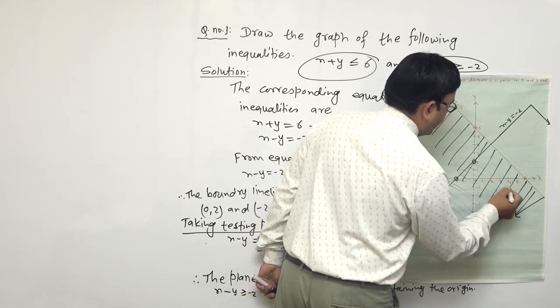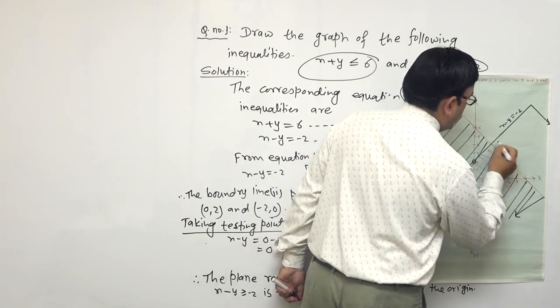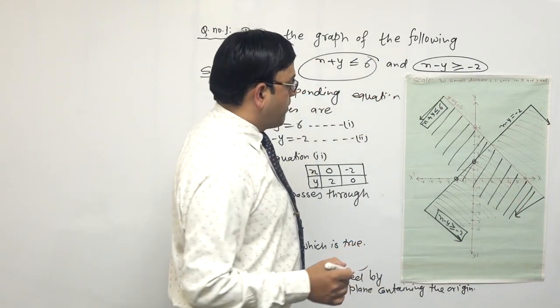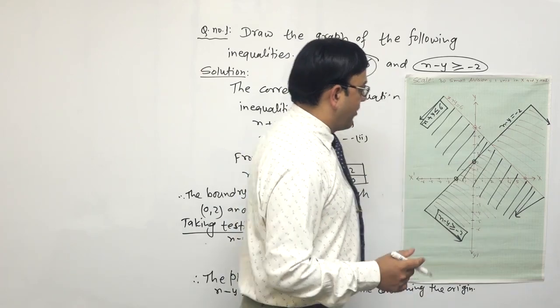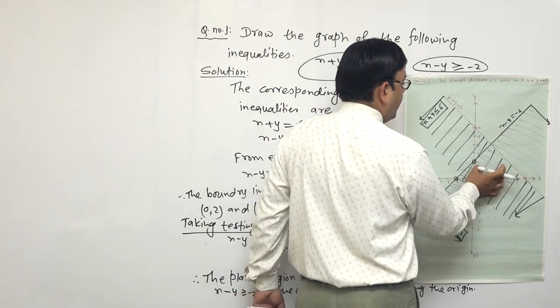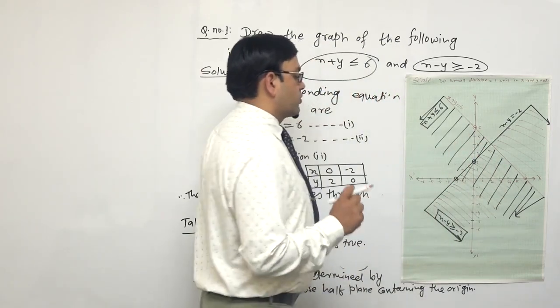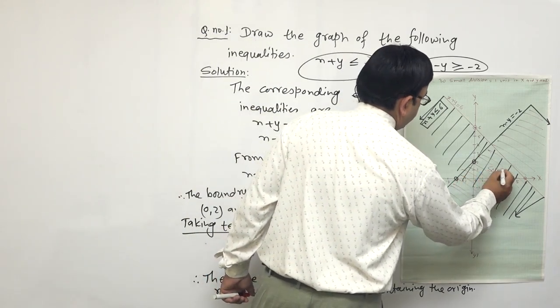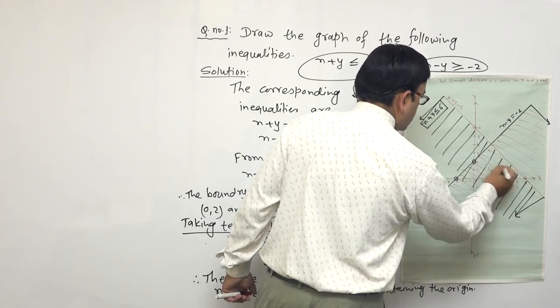Students, look very carefully. Where is the double shaded part, or where is the intersection? And here is, this part is the solution set of this question. So this is the solution.